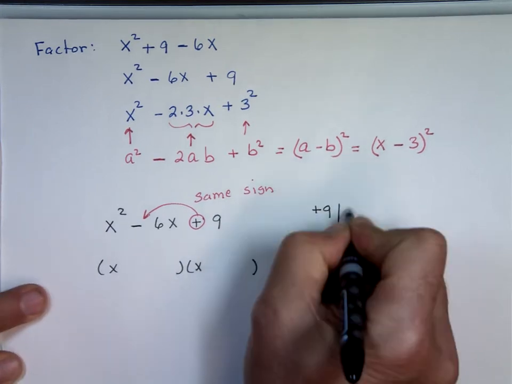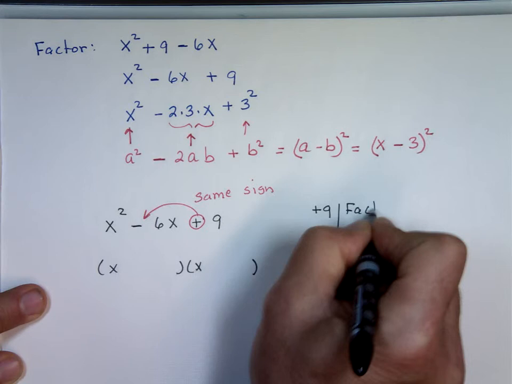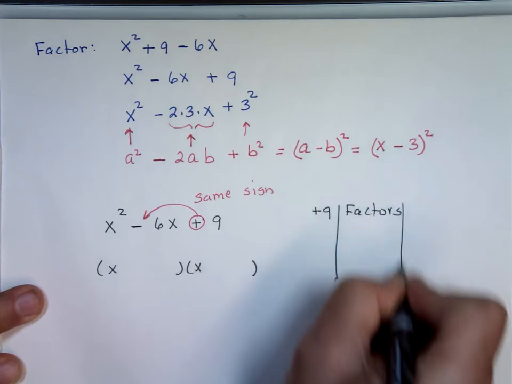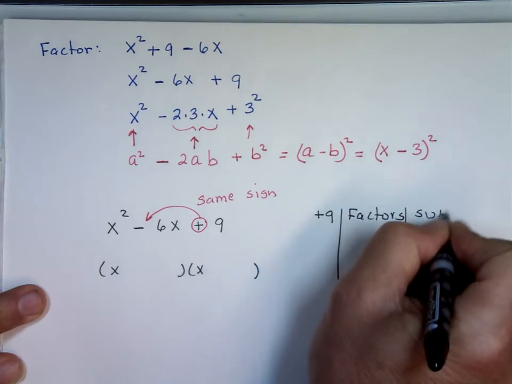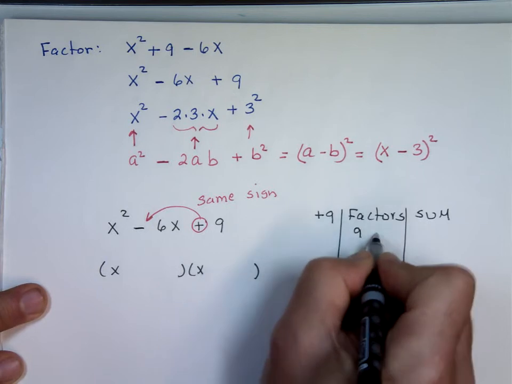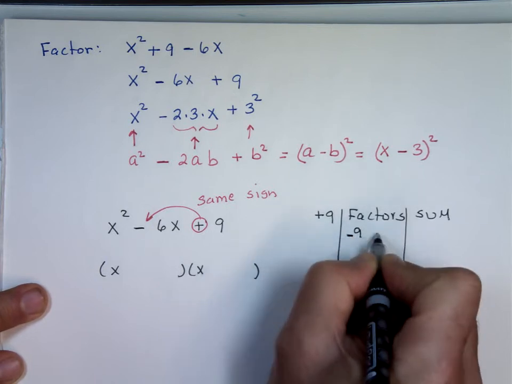Here are the factors of the 9 and the sum of them. 9 is 9 times 1, or it should be negative 9 times a negative 1. Both are negative.